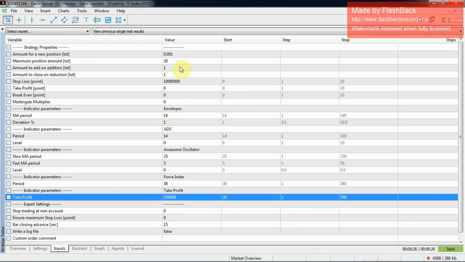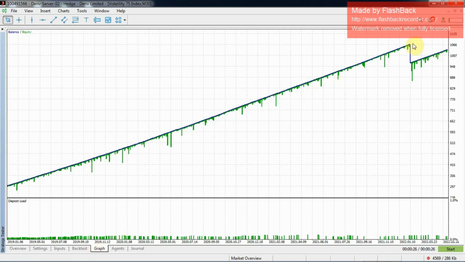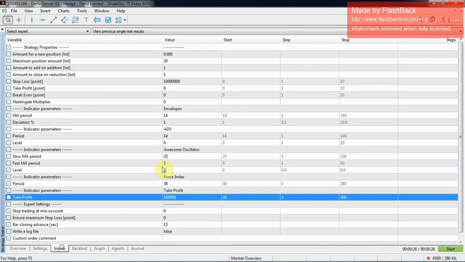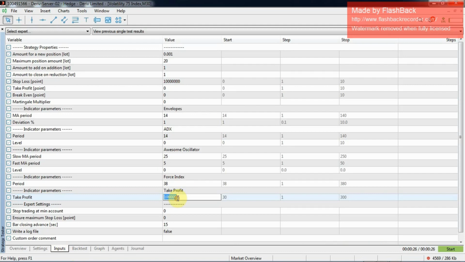Okay, so for the second set of settings, let's see if by increasing the take profit we can increase the recovery rate for the loss and the gross profits. As you can see, that loss hasn't yet been recovered with this take profit.